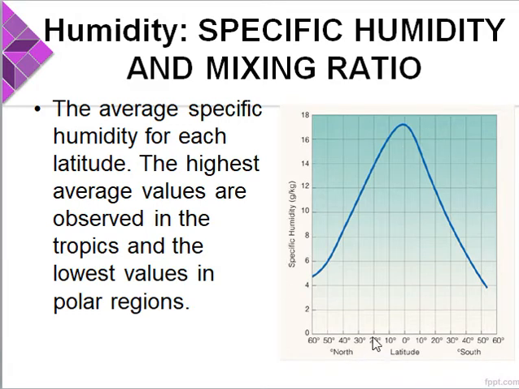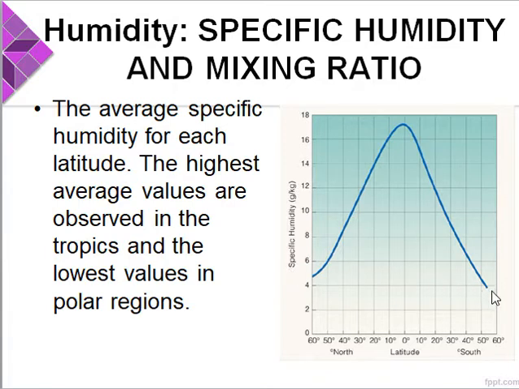Notice in this figure how specific humidity varies with latitude. The average specific humidity is highest in the warm, muggy tropics. As we move away from the tropics, it decreases, reaching its lowest range value in the polar latitudes, both north and south latitudes.